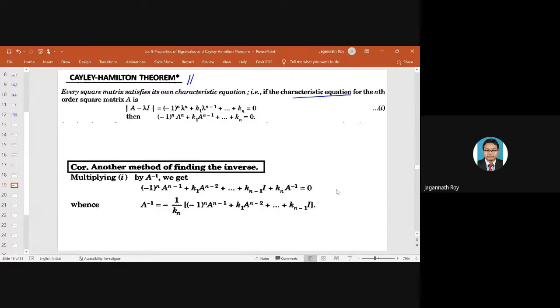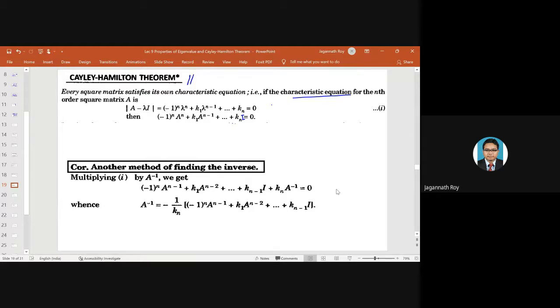So if we have a characteristic equation of this form, then in place of lambda, if we substitute A, we get A to the power n, A to the power n minus 1, and so on, plus k times I equals 0. This means it is satisfying the characteristic equation. So every square matrix satisfies its own characteristic equation.